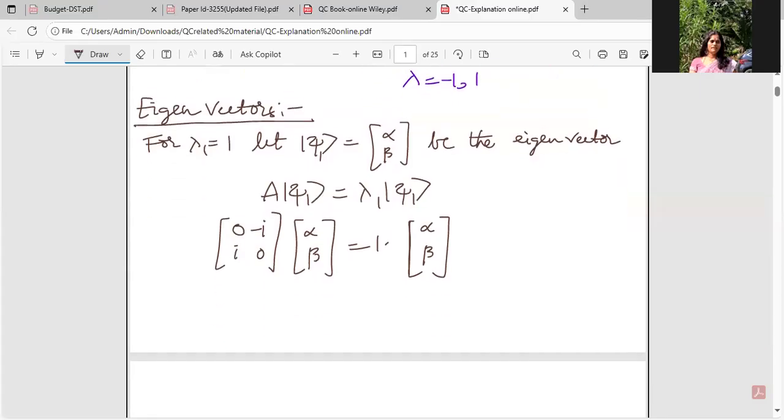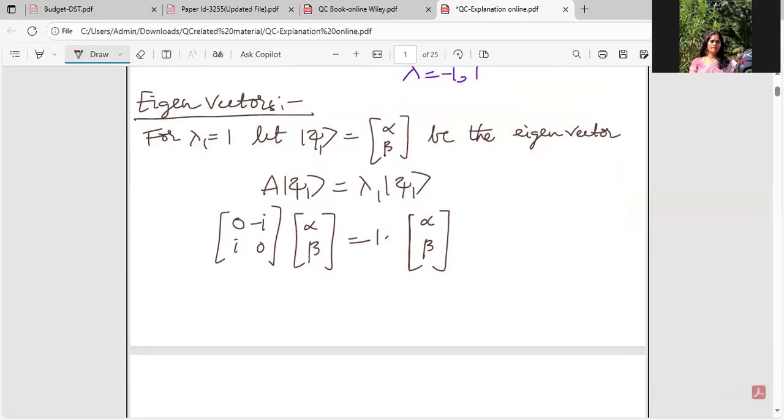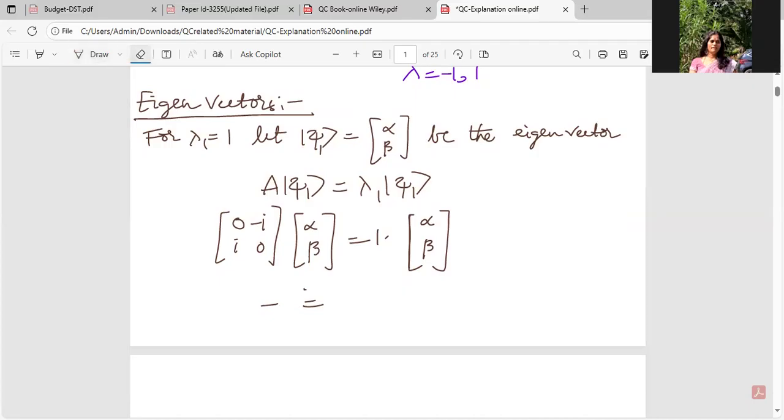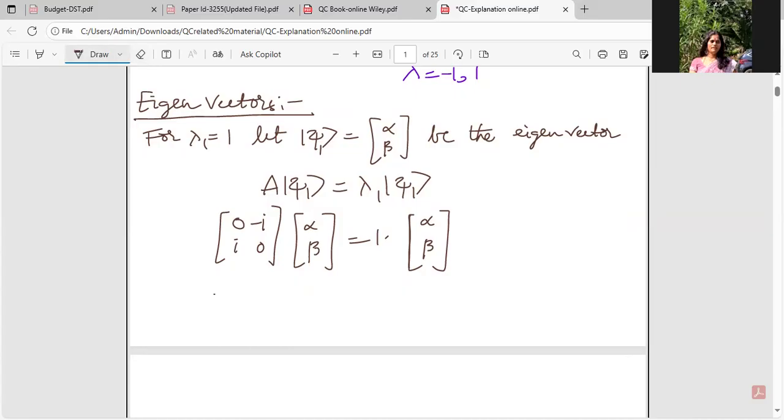In the equation format, the first equation is 0 into alpha minus i beta is equal to alpha. The second equation is i alpha plus 0 into beta is equal to beta.